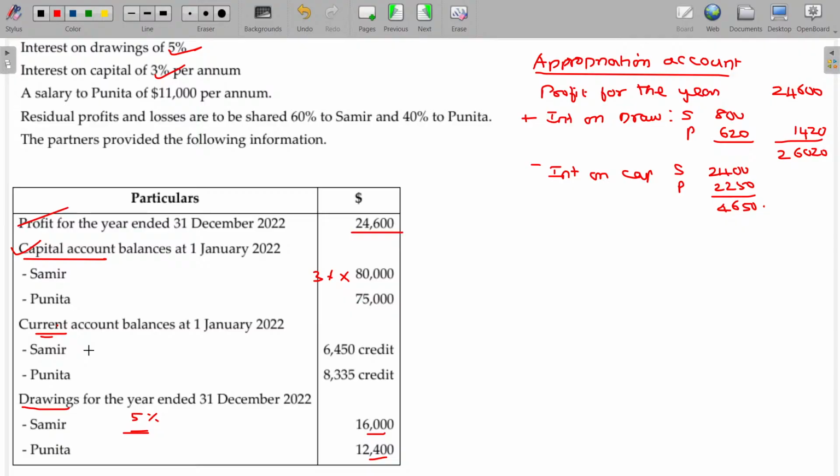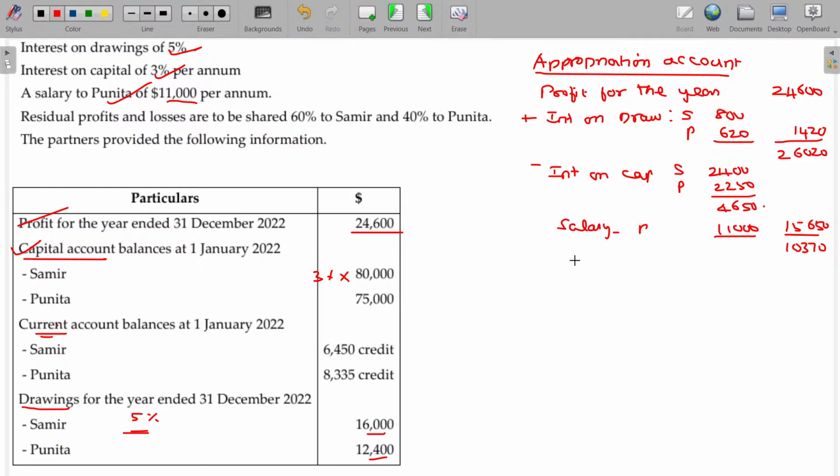And salary given to Punita, 11,000. So if I subtract 15,650, 10,370 is going to be shared.